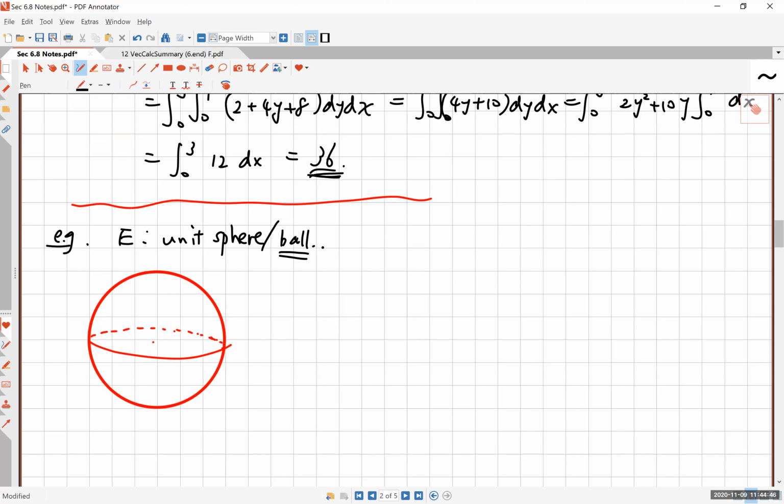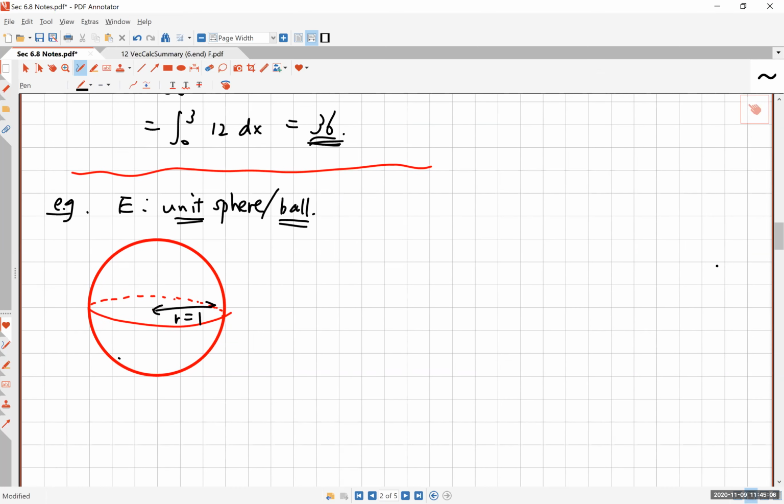That is a sphere and everything inside. So because it's a unit sphere, the radius is 1, and the center, of course, is the origin, 0, 0, 0. And if you're only talking about this outside surface, that would be the unit sphere. But if you include all of the points inside, that's called a unit ball.